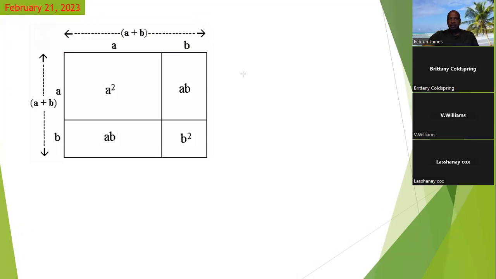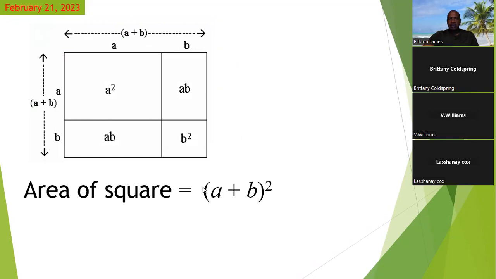And so A plus B all square would give you A plus B times A plus B. And so that would be the area.